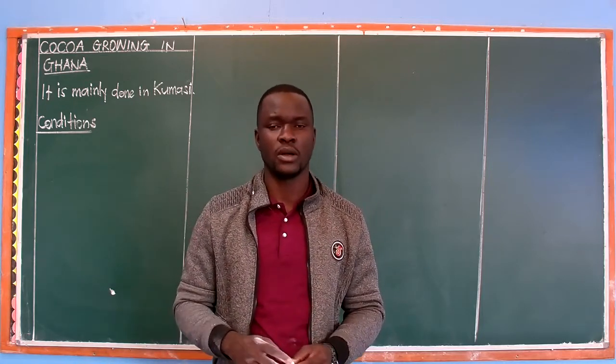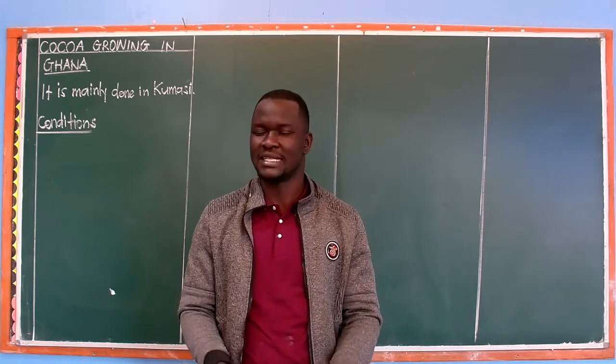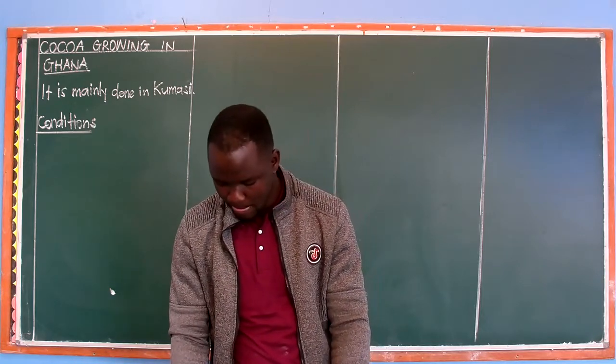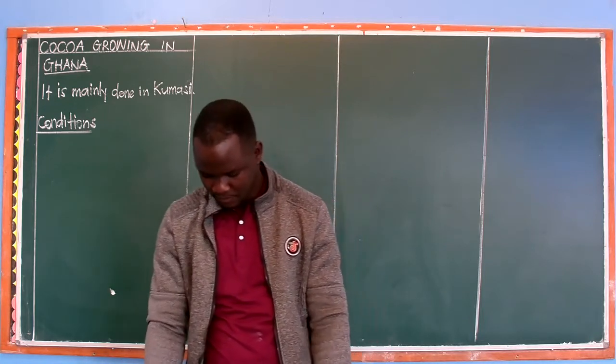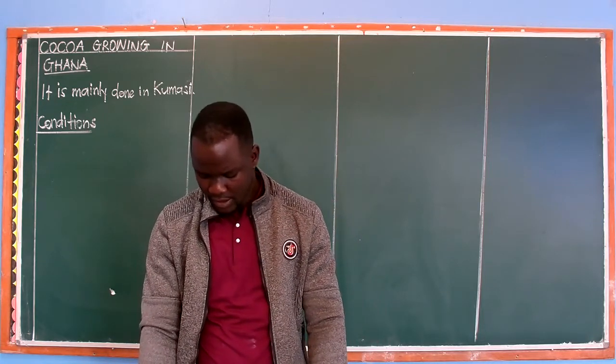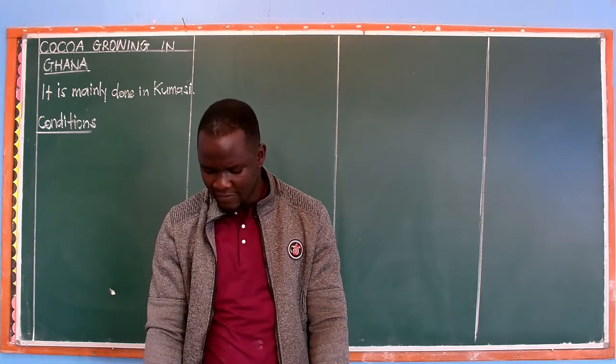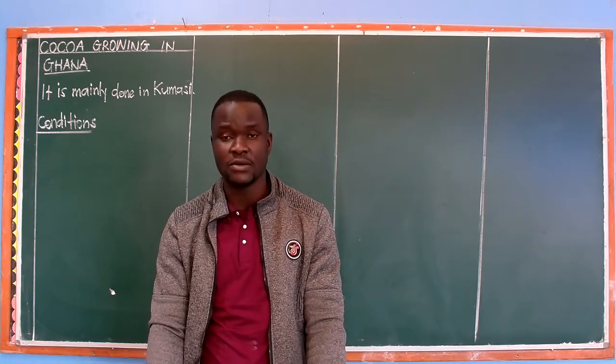So that is what we call poor climatic conditions, which come as a result of climate change. We have our map on page 55 down.